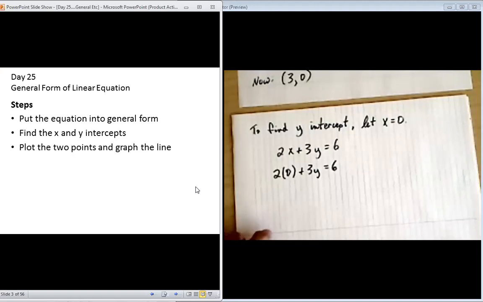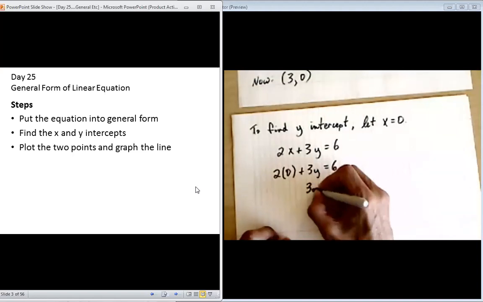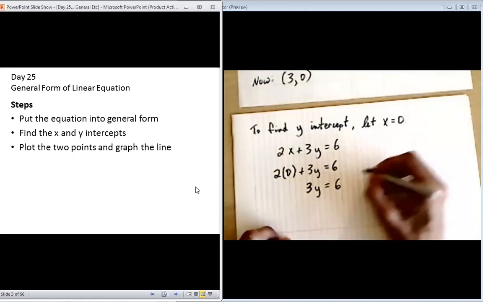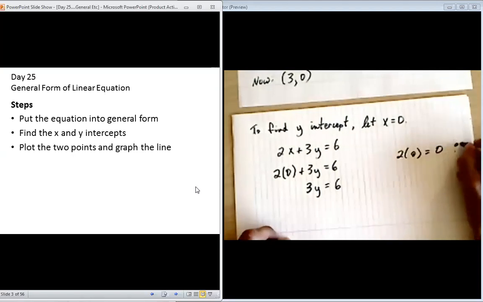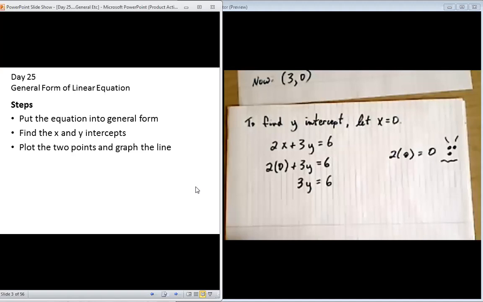Go back to sleep. Hurts my heart. 2 times 0 is 0.